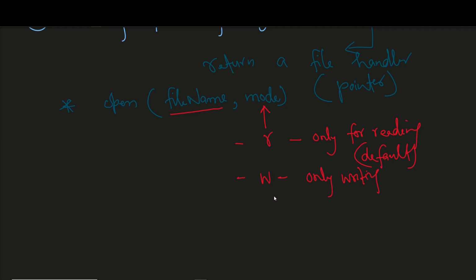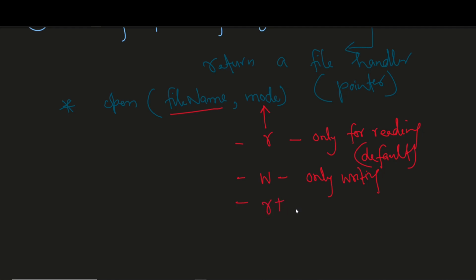If you want to only write the file, you have to use w mode. In case of w, an existing file with the same name will be erased. So make sure that whenever you use this, you really want to perform this operation and erase any file which exists before. Otherwise, if you have a previous file and you are using this mode, that file will be overridden. So use this operation very carefully.